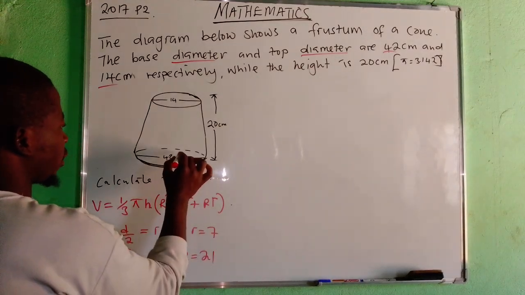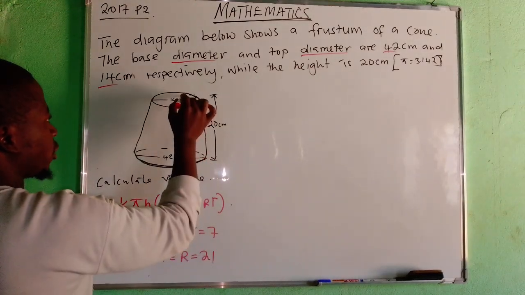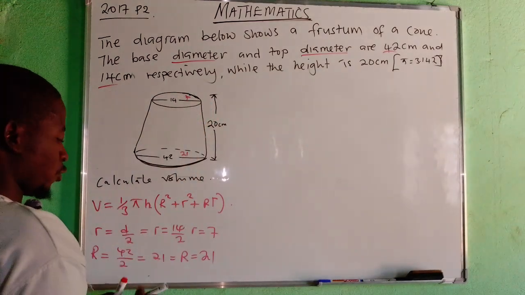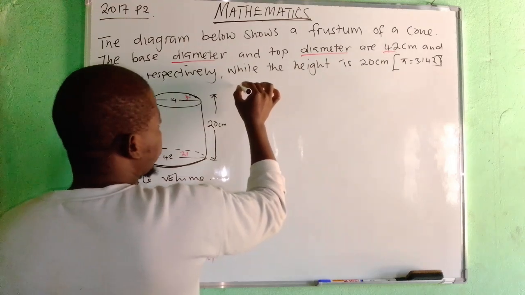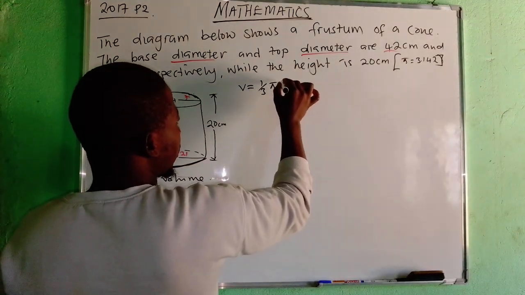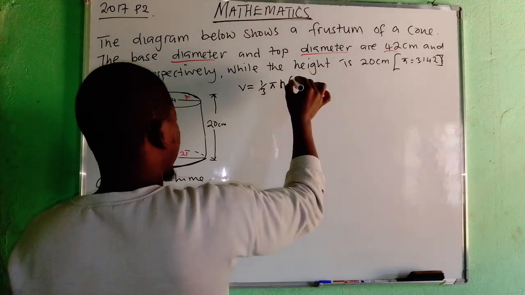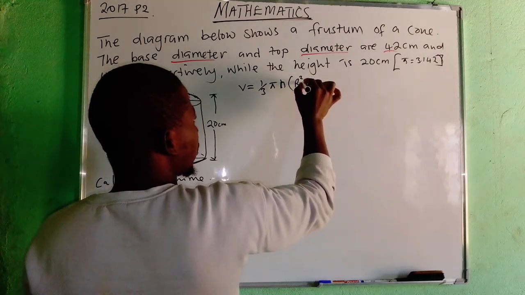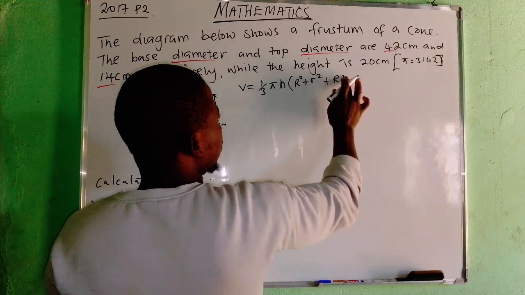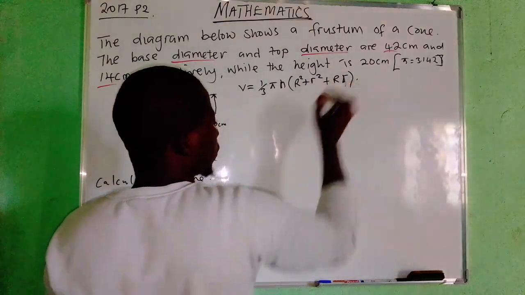So here we have the radius to be 21, here we have the radius to be 7. From there we can solve now, where we'll say volume is equal to 1 over 3 pi height, then we have the bigger radius squared plus the smaller radius squared plus the big radius and the small radius crossed.